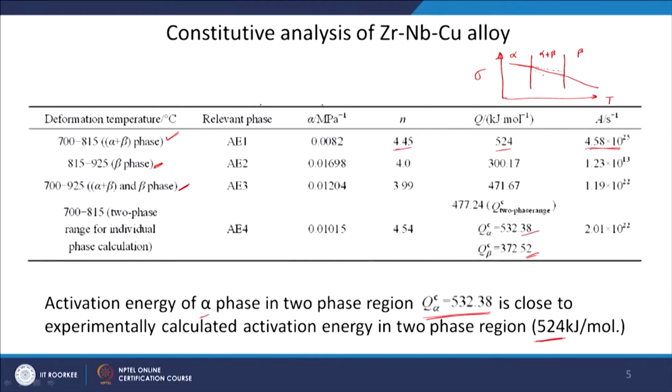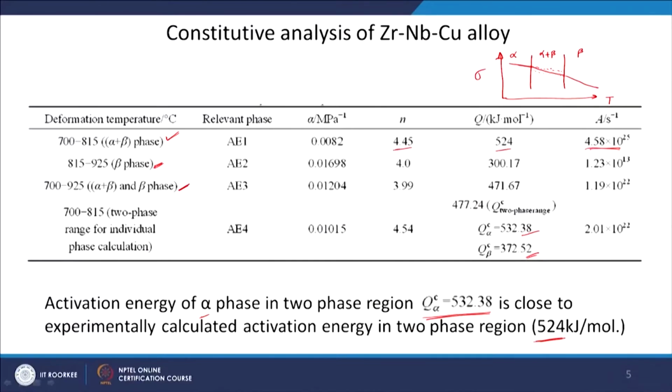So we could go into the two phase region and then we calculated the values of all these parameters through this data. And to know whether this data is correct or not, we also found out, using a rule of mixture kind of idea, what the flow stress will be if I combine the flow stress of alpha with beta, and whether I am able to get the flow stress of the actual experimental results.